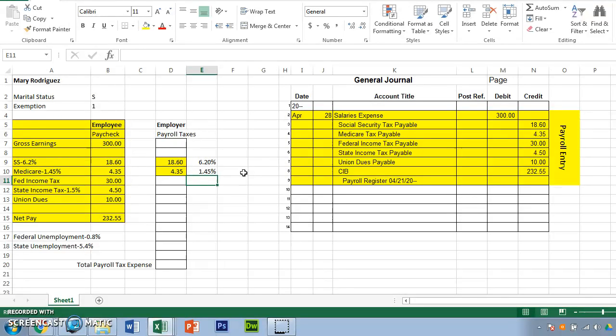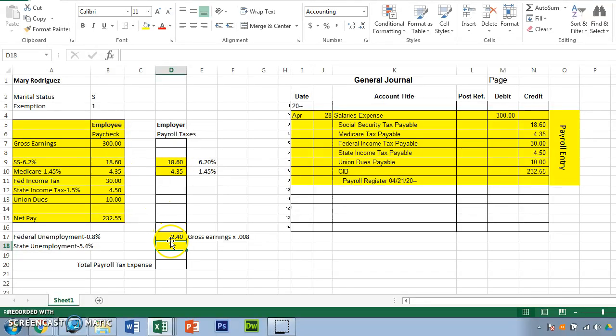And then the employer has to pay federal and state unemployment. Federal, you take gross earnings times 0.8%, which becomes 0.008. So if I take earnings, multiply that by 0.008, the employer has to pay $2.40 on Mary's payroll.